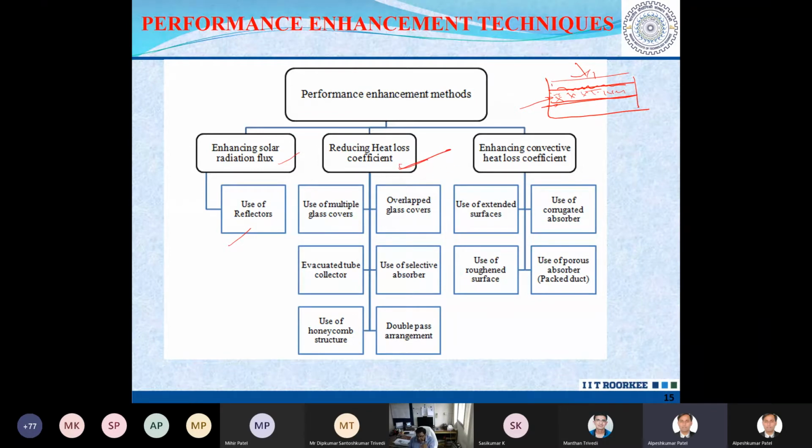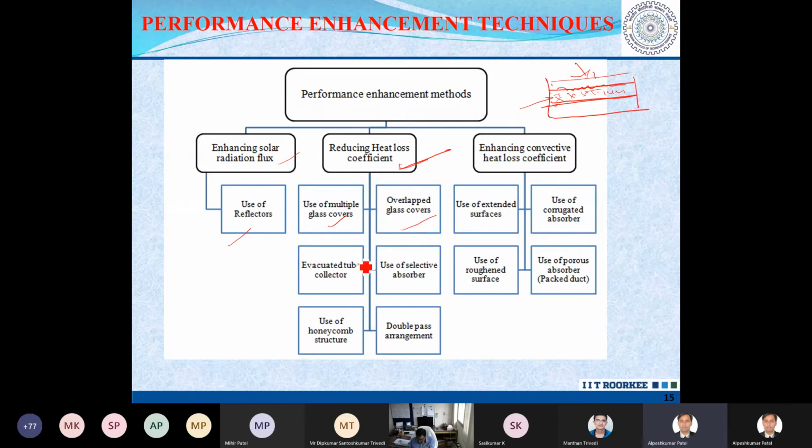That means from the hot plate, how we can reduce the losses to the ambient and to the atmosphere. In that, use of multiple glass covers. It's not just one glass cover. We have 1, 2, 3, up to 3 we can have. After that, the transmittivity will be reduced.